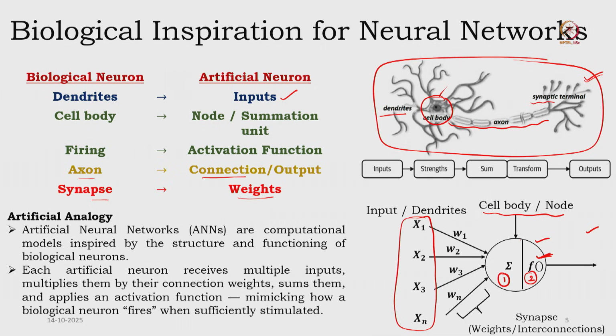So you multiply the inputs with the corresponding weights, and then we sum them up and pass the result to an activation function. Just as the biological neuron fires, the activation function here also gives us the corresponding action. So this is the correlation between the biological neuron and the artificial neuron.